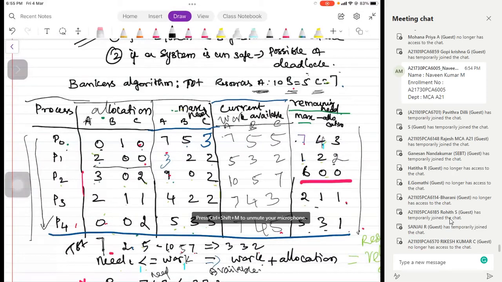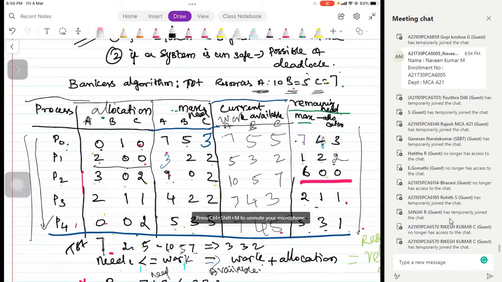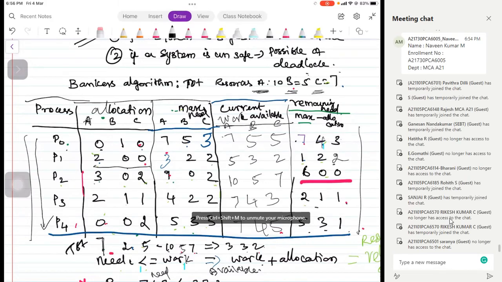But how many we have in our hand? 10, 5, 7. ரிமைனிங் எவ்வளவு இருக்கு? அலாட் பண்ணது போக 3, 3, 2 இருக்கு. இப்போ இந்த 3, 3, 2 எந்த ப்ராசஸ்க்கு கொடுத்தா சீக்கிரமா ப்ராசஸ் பண்ணி முடிக்க முடியும் அப்படின்னு பார்க்கணும்.